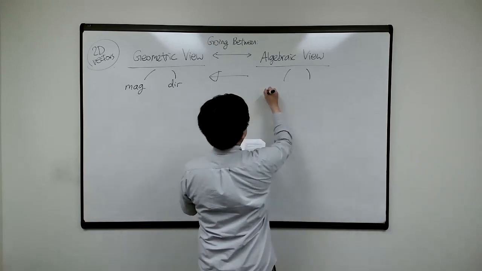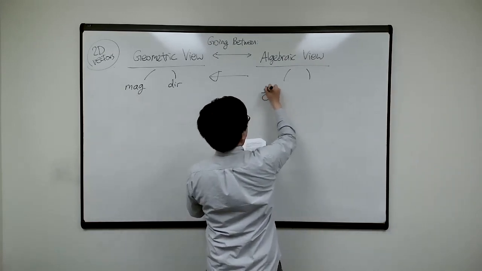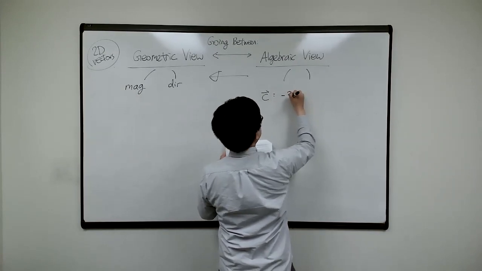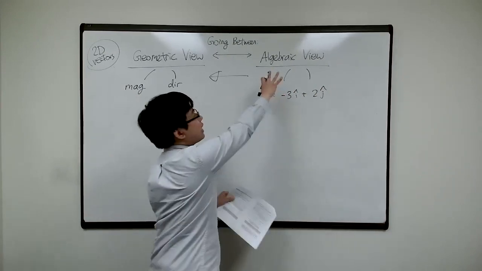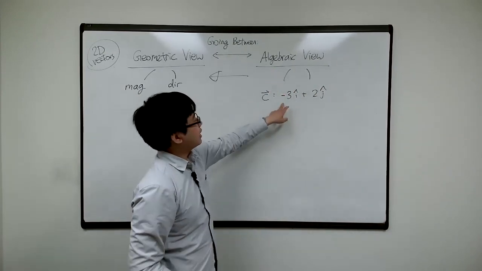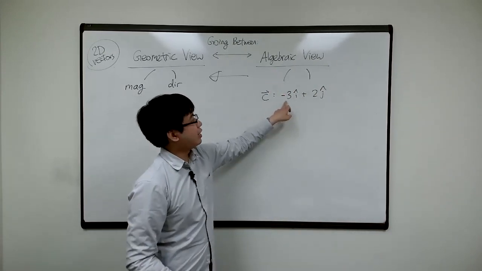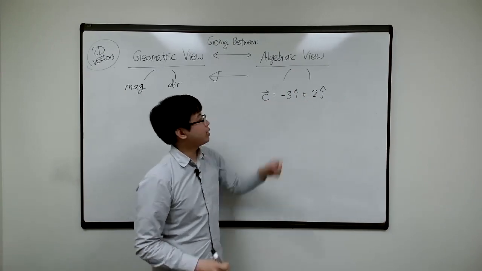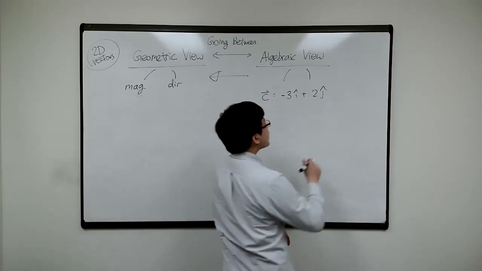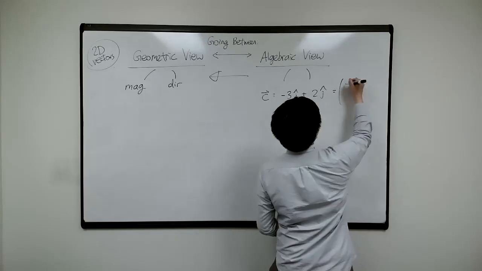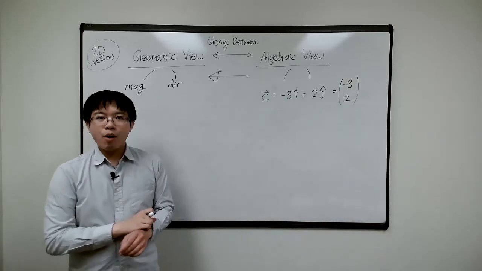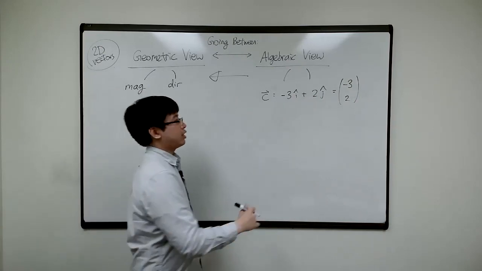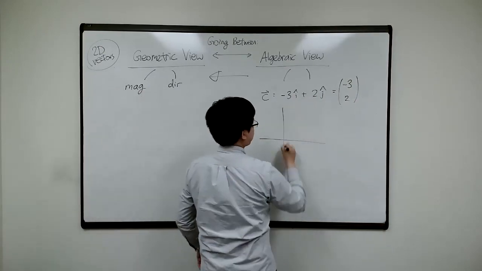For example, this is vector, I'll call it vector C, which is minus 3i plus 2j, right? So this is in the algebraic view. I'm giving this vector C in terms of its components, its x component and its y component. So personally, I like to write this in column form, as I said, right? So I'll immediately write it like this when I'm given a component form, and it's a little bit easier to visualize, right?